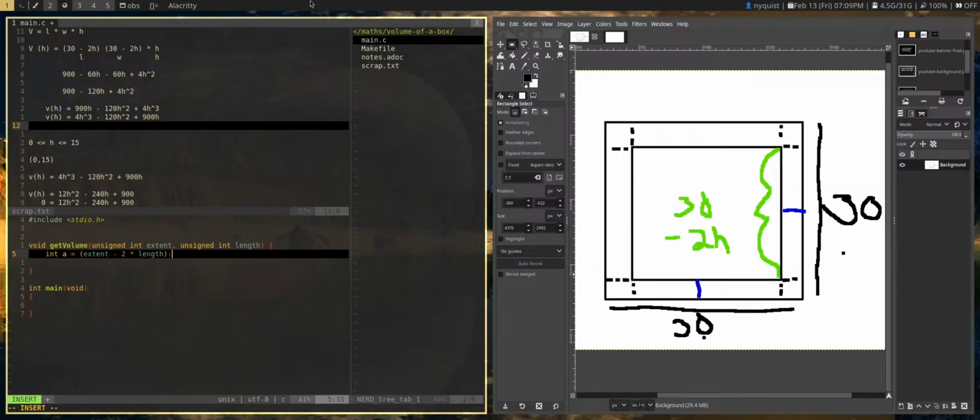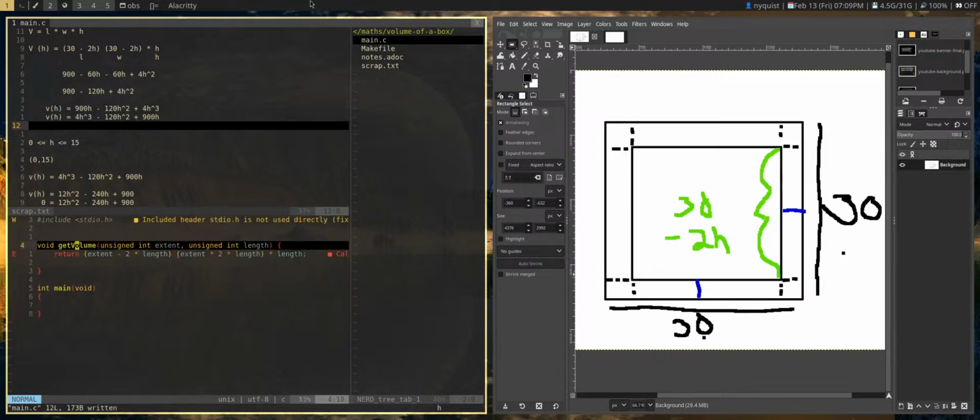And we're going to do that twice, times 2 times length, and then times length again. So we already have our little formula here. We're going to call a actually volume, and let's just return this, as an unsigned int. Now let's see what we get.